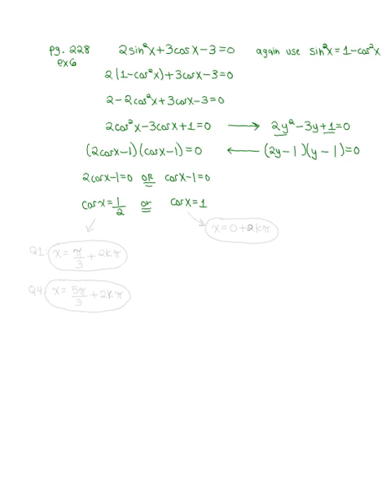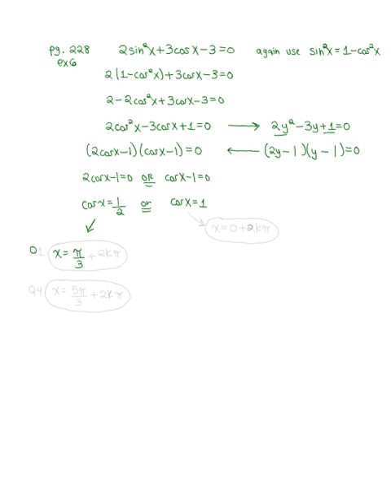Okay, and for the first factor where the cosine of x equals 1/2, that's positive, and we know that the cosine is positive in quadrants 1 and 4. In quadrant 1, we would get pi thirds.